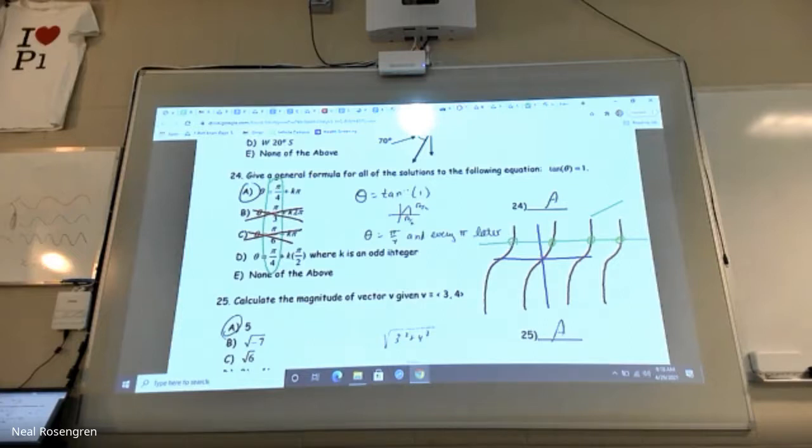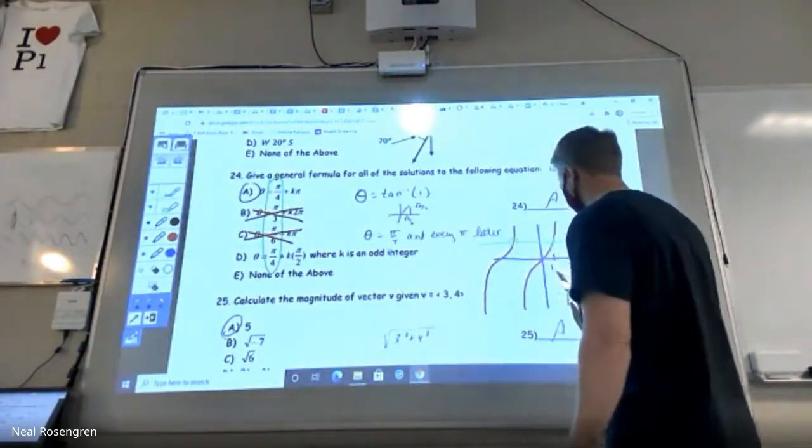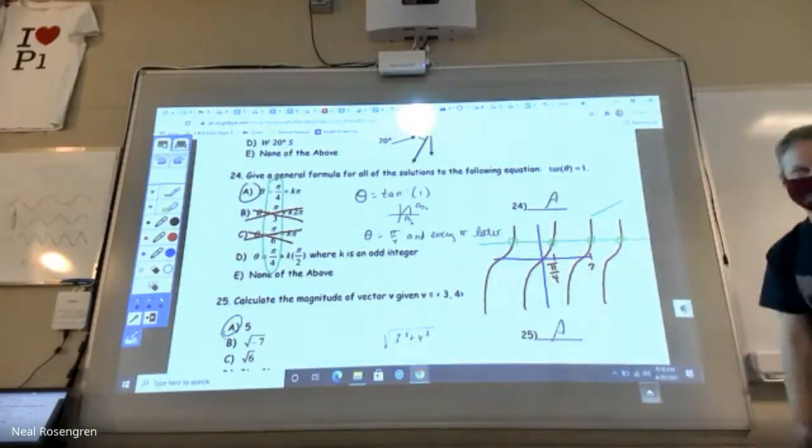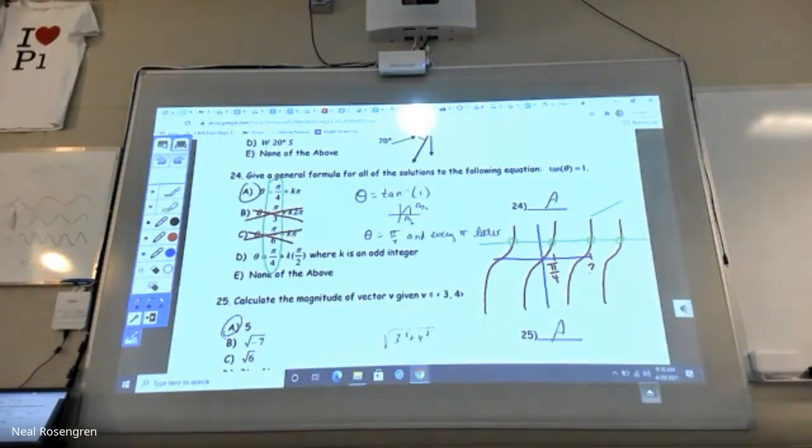And that's what that plus k pi or plus k pi over 2 is doing, is asking us to go to the next one. If this right here is pi over 4, where is it again going to give me the right answer? Basically, what's the period of this function?